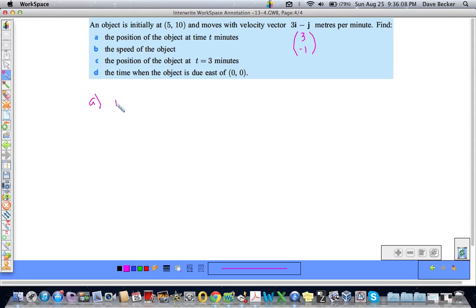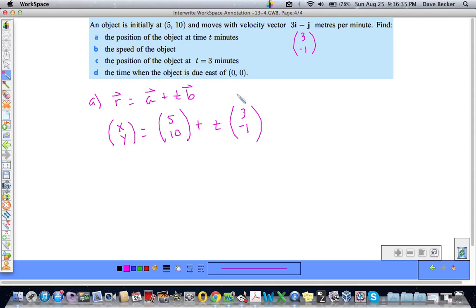Okay, so we know r equals a plus tb. So that means (x, y) is equal to the initial position, (5, 10), plus t times the velocity vector, which is the direction, (3, negative 1).